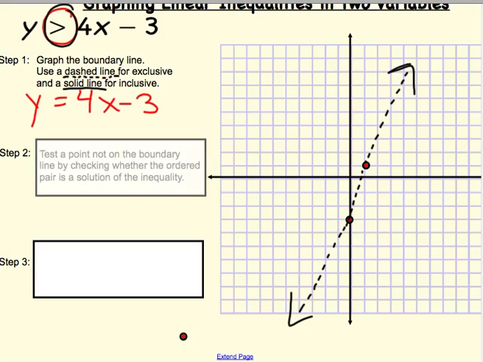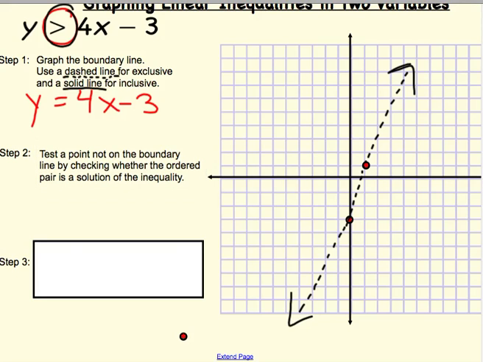So the second thing we're going to do is test a point that's not on the boundary line by checking whether the ordered pair is a solution. Personally, I think the easiest point to pick is the origin, because when you plug in 0, 0, it's very easy calculations. So we can pick 0, 0 because the key to this is to test a point not on the boundary line.